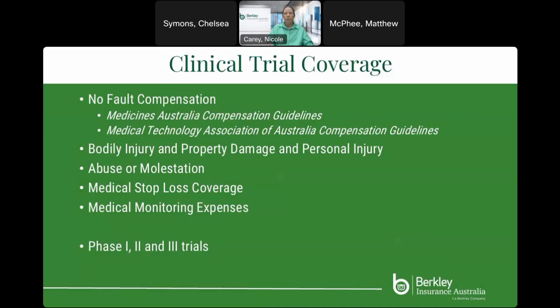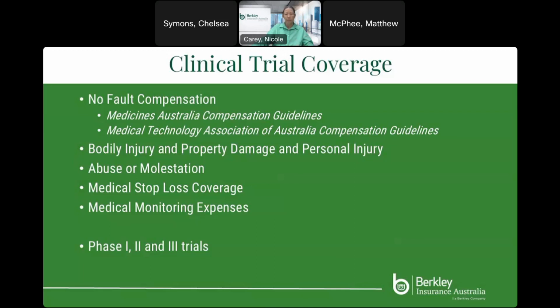But it is important to note that just because a clinical trial follows the compensation guidelines, the participant is not restricted to make their claim under the guidelines. So a participant can still bring a claim and pursue another alternative legal remedy outside of the guidelines.